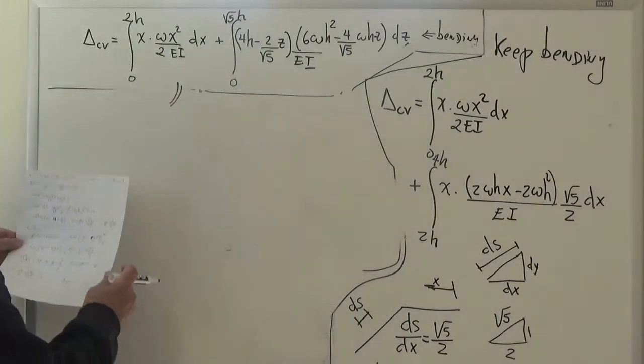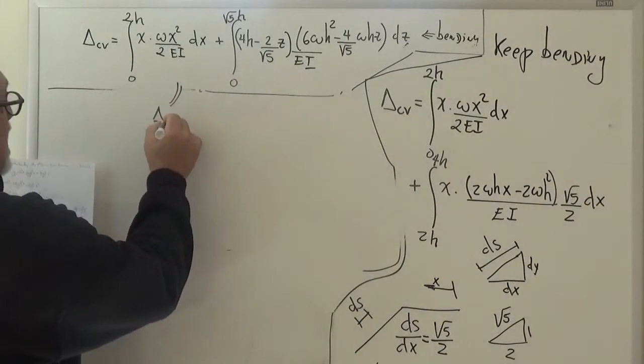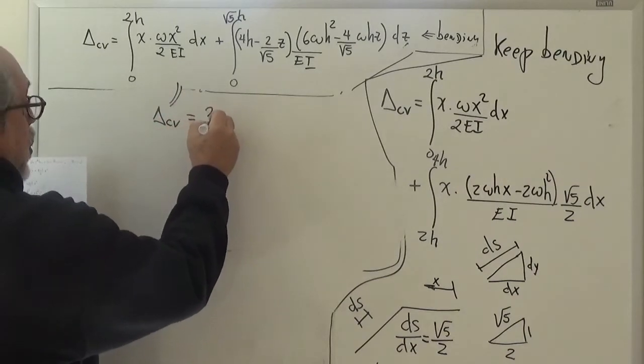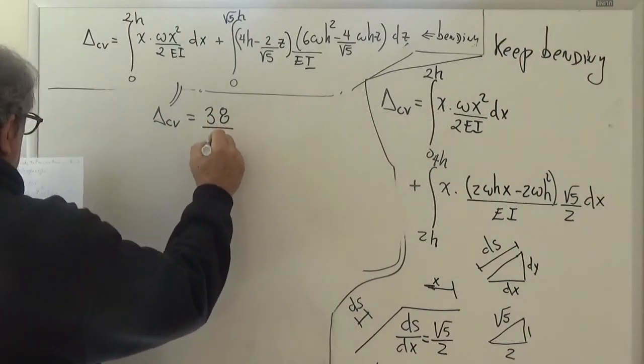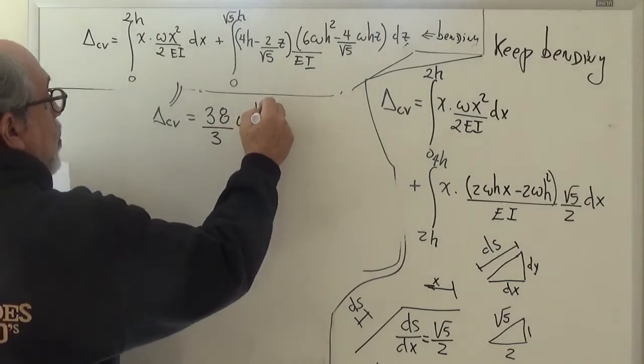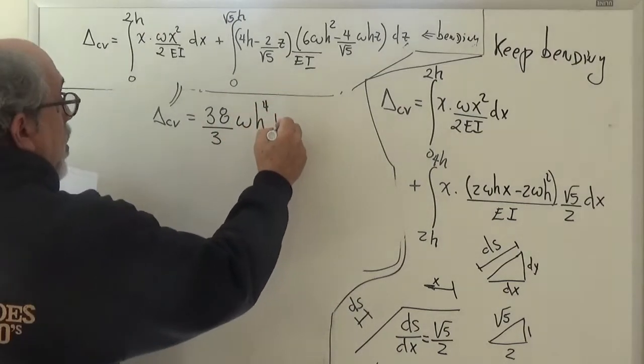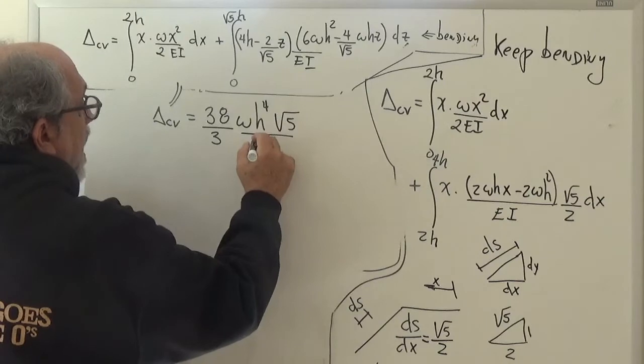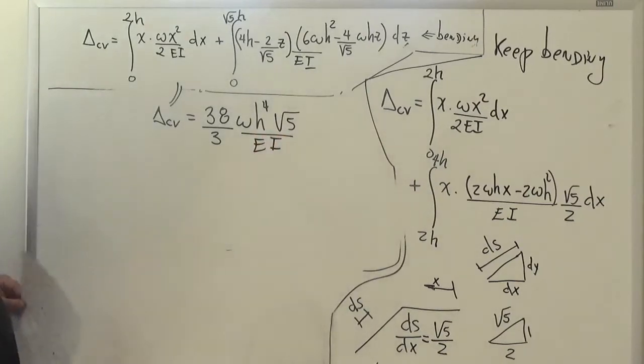But when you do that, you find that the answer to this is delta C vertical is equal to 38/3 of WH^4 times square root of 5 over EI. Okay?